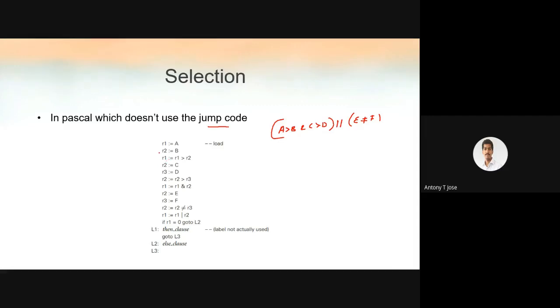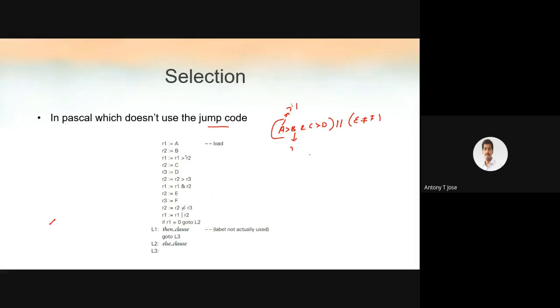Okay, so in Pascal, which is not using a jump code, first it will store A to R1, then it will store B to R2.